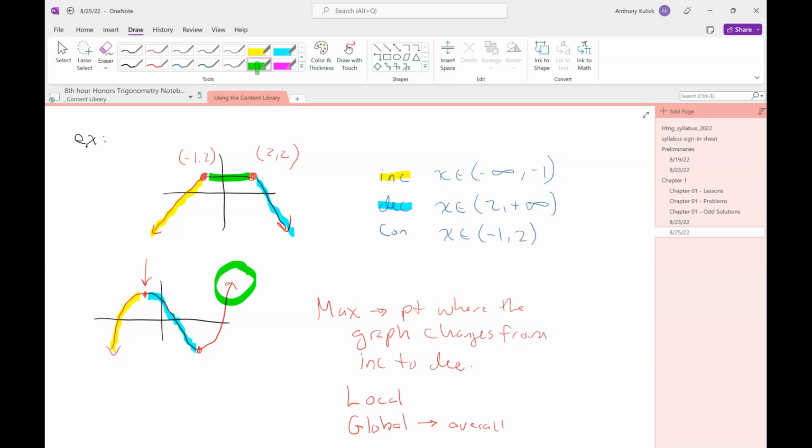Any point you pick on the graph, I can find a point higher than that just by going a little bit to the right. No global maximum in this graph. However, this guy is a local maximum, because if I just look at its neighborhood, it's the highest point in that part. On some open interval, it's the highest point. Everybody's cool with that?